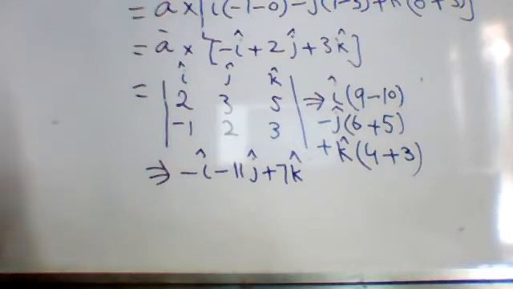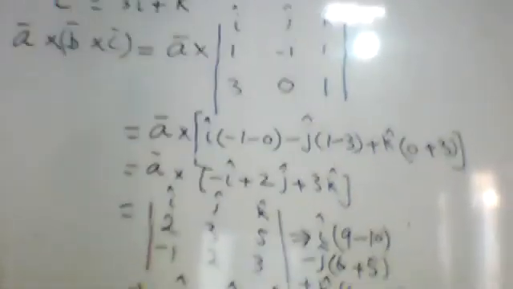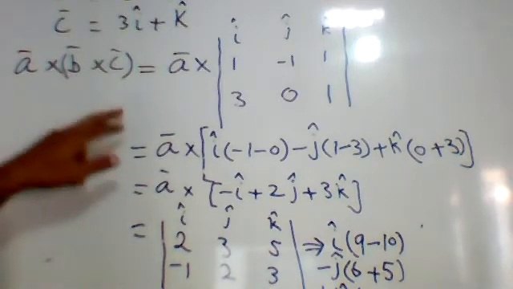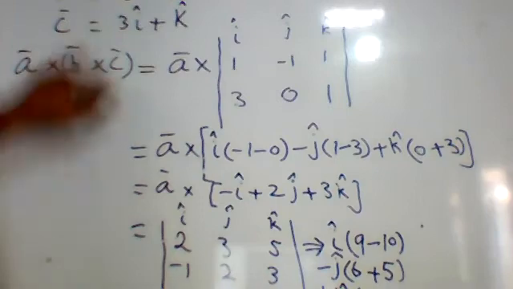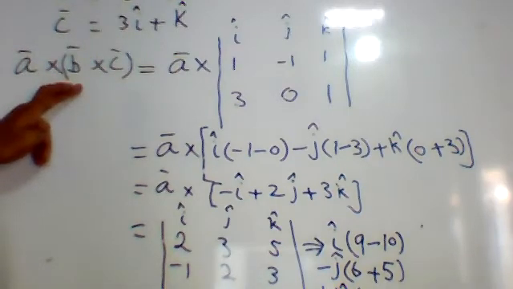In the same way, when we are taking the triple product, A cross B cross C, there must be a bracket between them, either B cross C within the bracket or A cross B within the bracket. First of all, we will solve the bracket.